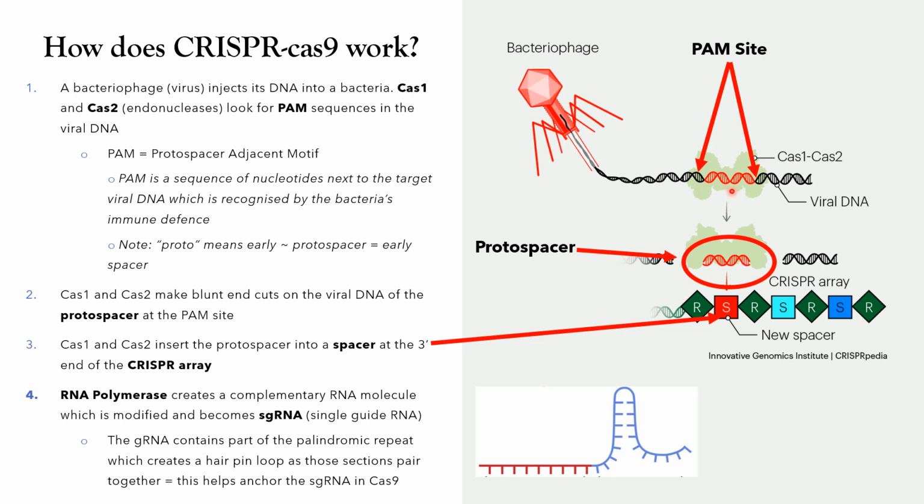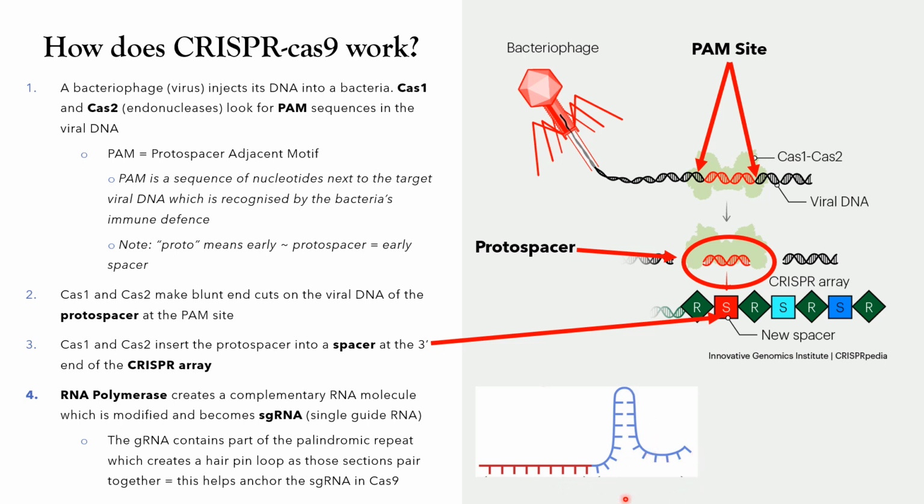And we want to take this protospacer, so Cas1 and Cas2 will find the PAM sites to then cut at those PAM sites. So the bacteria takes this protospacer and inserts it into the CRISPR array as a new spacer. RNA polymerase comes along and transcribes that spacer to create a single guide RNA.